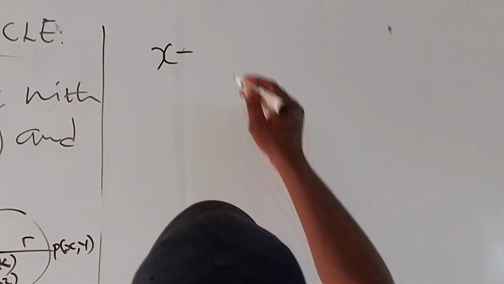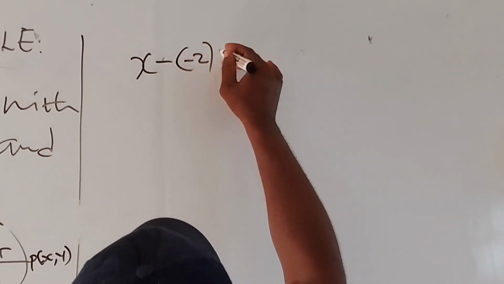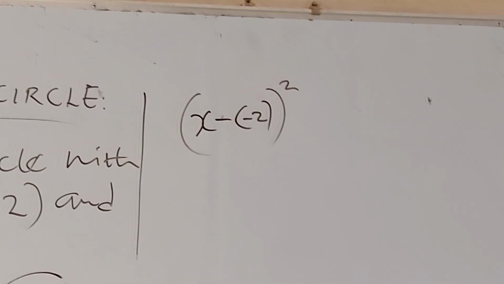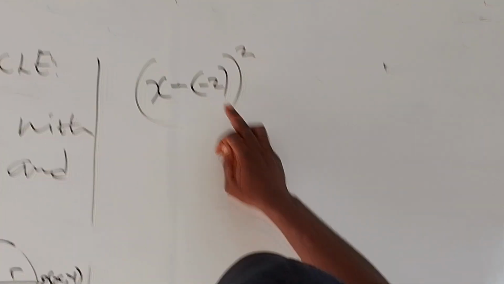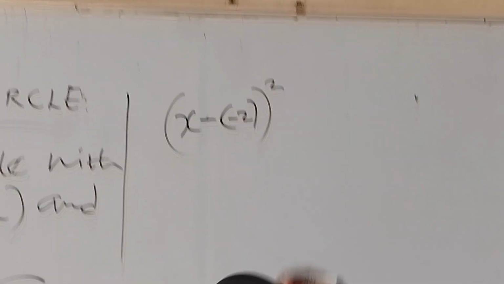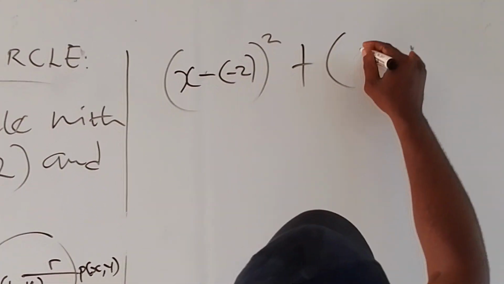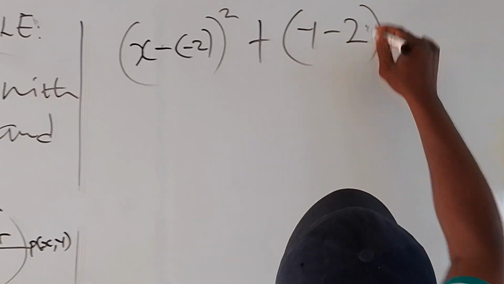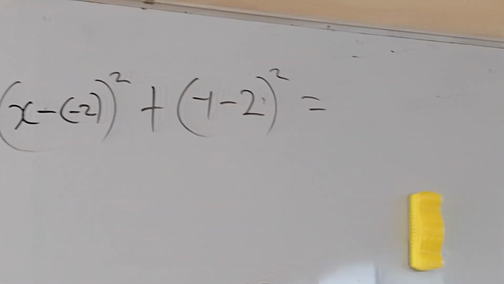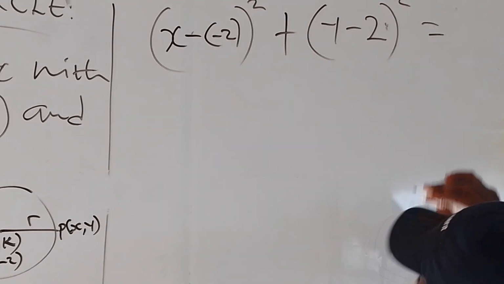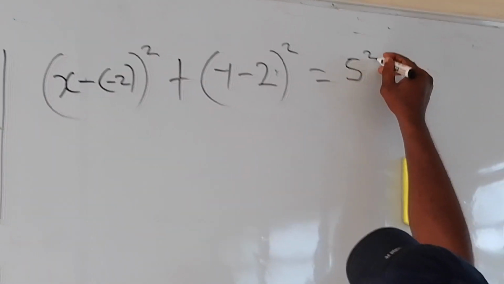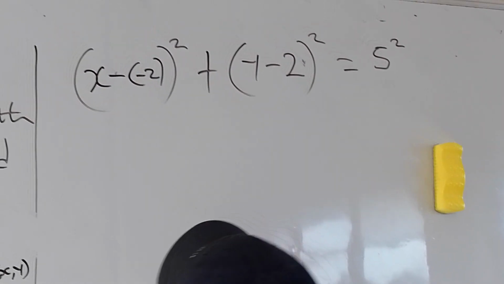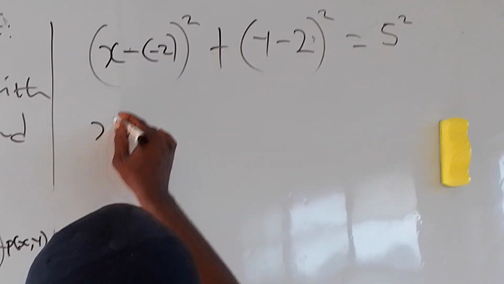So here we are going to have (x minus minus 2) all squared, true or false? We discover that this is your h, then plus (y minus your k, which is plus 2) all squared equals your radius, which is 5. But the radius is squared, raised to power 2. True or false? So what we need to do here is x.